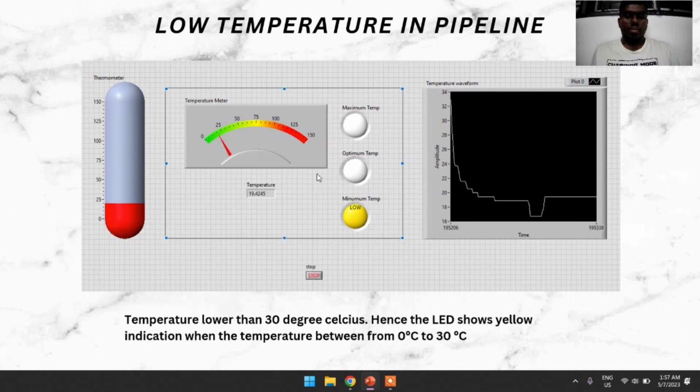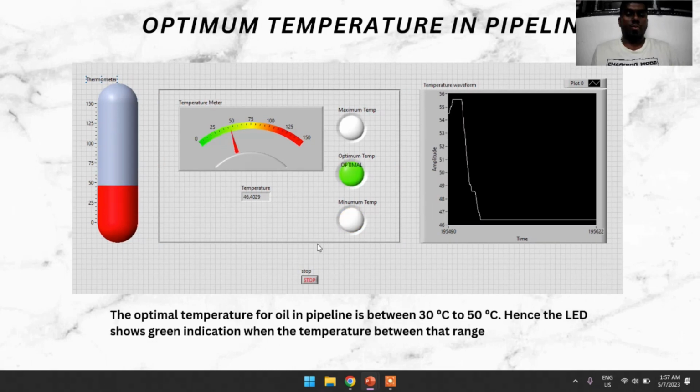This is the temperature when it is lower than 20. If the temperature is lower than 20, the yellow light will pop up, which indicates the minimum temperature. If the temperature is in the range of 30 to 50, the green light will pop up, which indicates the optimum temperature.